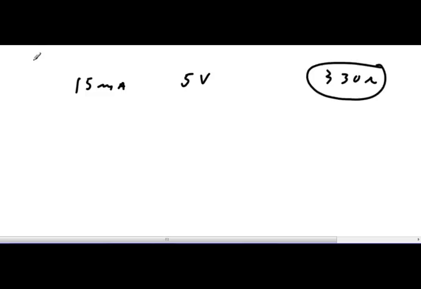Calculate the size of the current limiting resistor that could be used to limit 15 milliamps in a 5-volt system. Okay, well, we know the answer is 333, right? So we just write it down and work away. Number 3, you could do that.